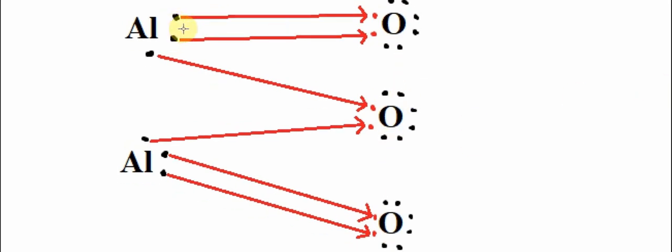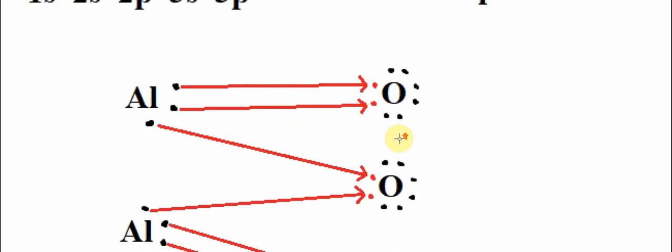You can see that 2 electrons will be shared with one oxygen in here. The 2 aluminium each share 1 electron with this oxygen, and the last 2 electrons are shared with the last oxygen.